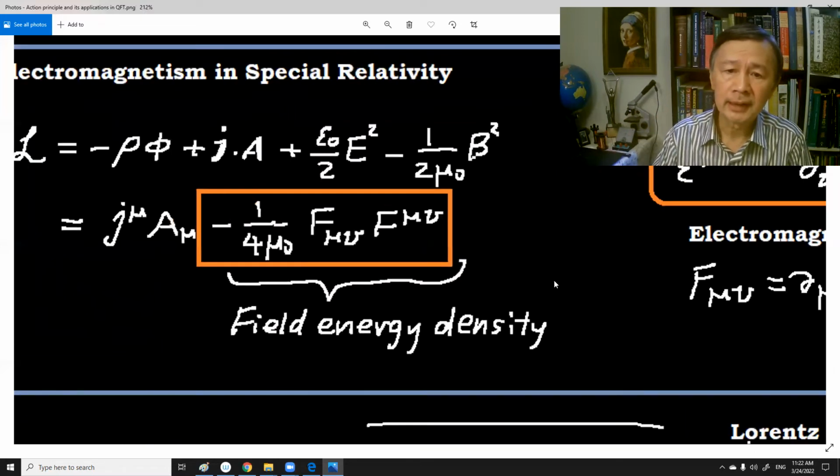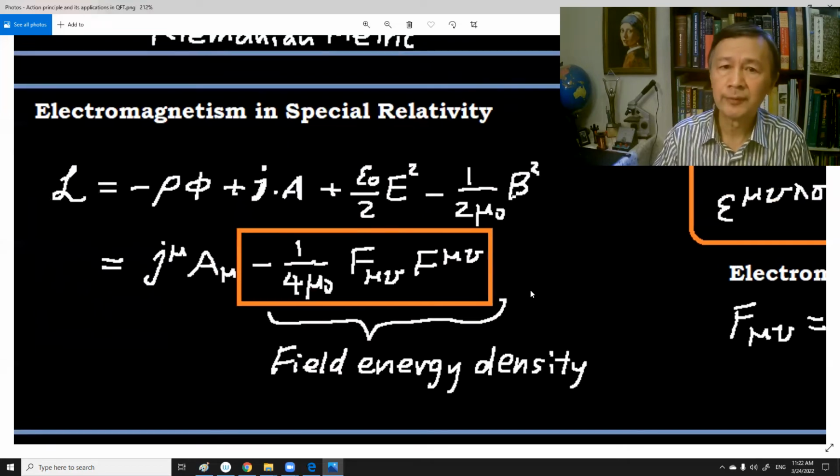So this is actually the Lagrangian for electromagnetism. And I just highlight the last part. The first part is associated with the charge and the current in space, but the second part is merely the property of the field.